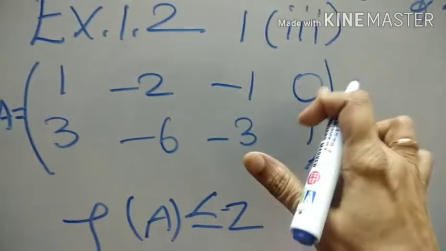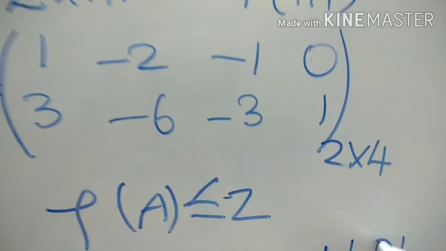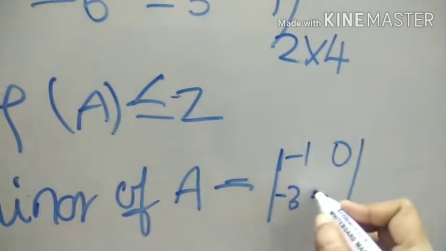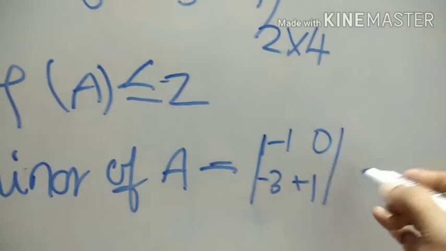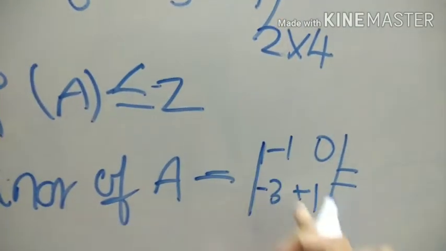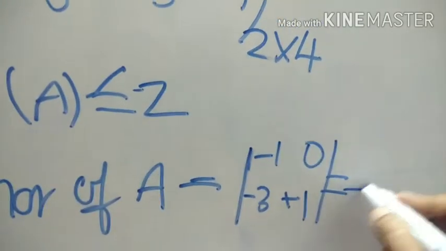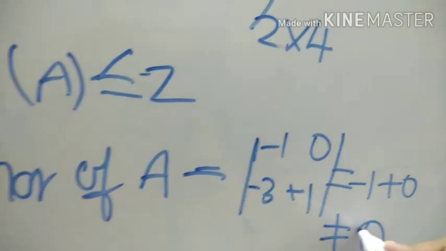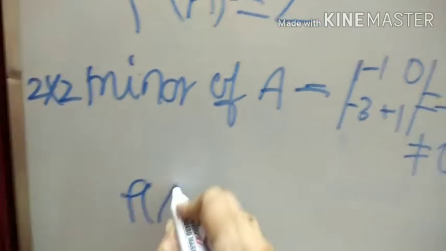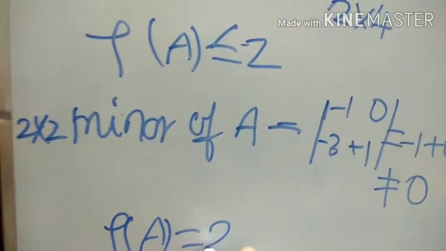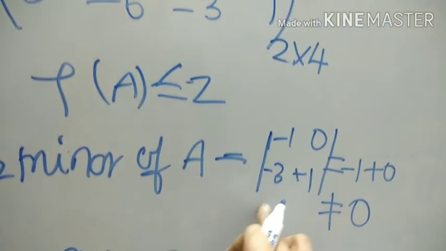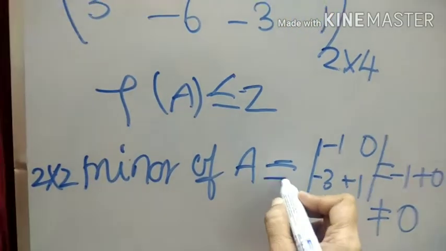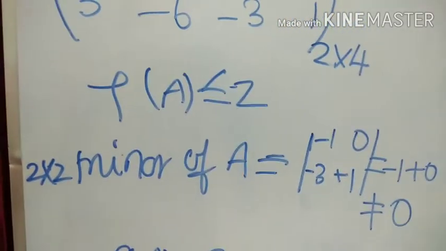So minus 1, 0, and here I have minus 3, 1. What is my answer? Product minus product, say minus 1 plus 0. My answer is not equal to 0. I can immediately say rank of A is equal to 2. Even if one determinant is not equal to 0, I can immediately call the rank equal to 2.